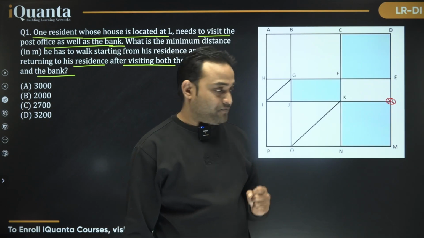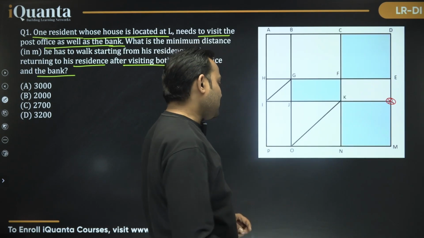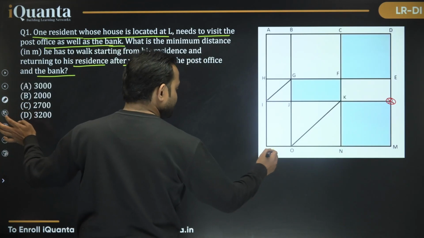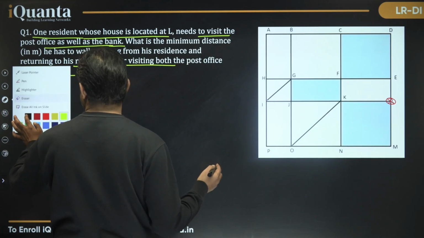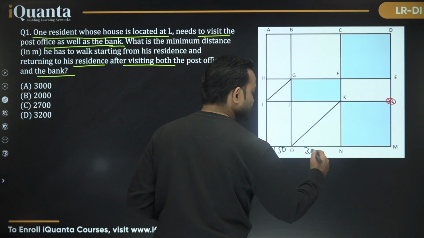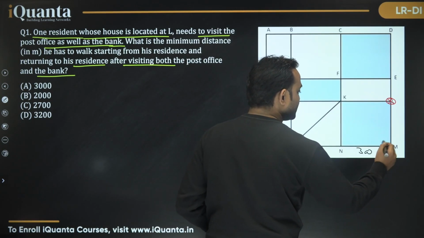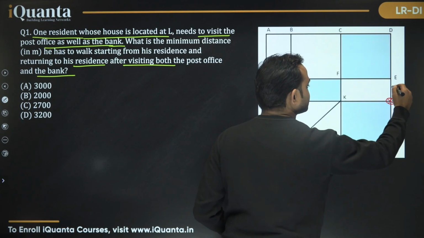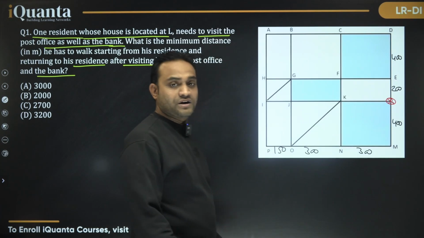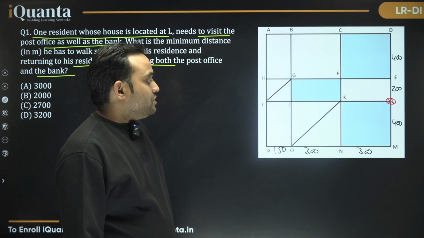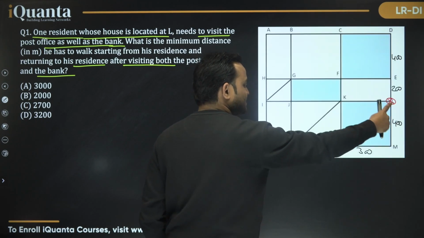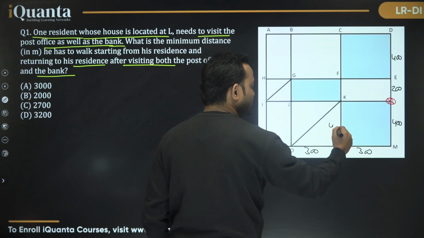Now remember, first of all, let's write down all the distances which are given. So here OP is 150, ON is 300, NM is 300, this distance is 400, EL is 200, this distance is also 400. So can we say that this is a rectangle, so KN will also be 400.